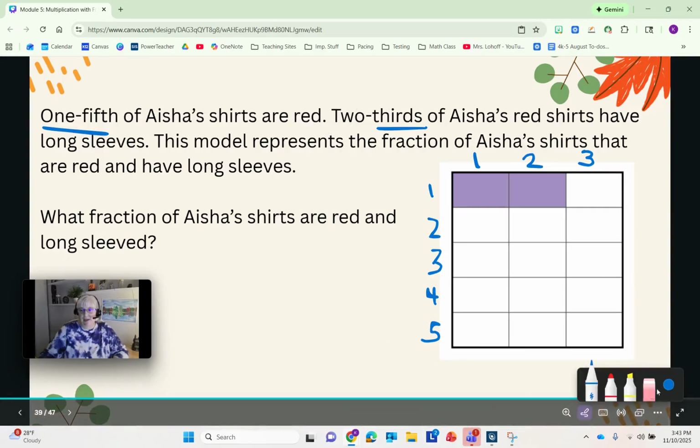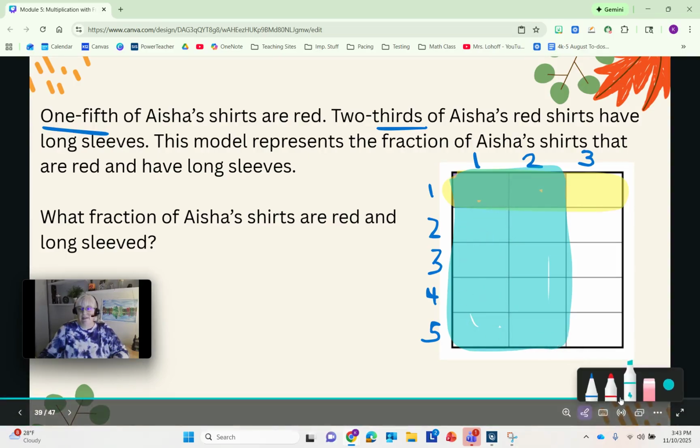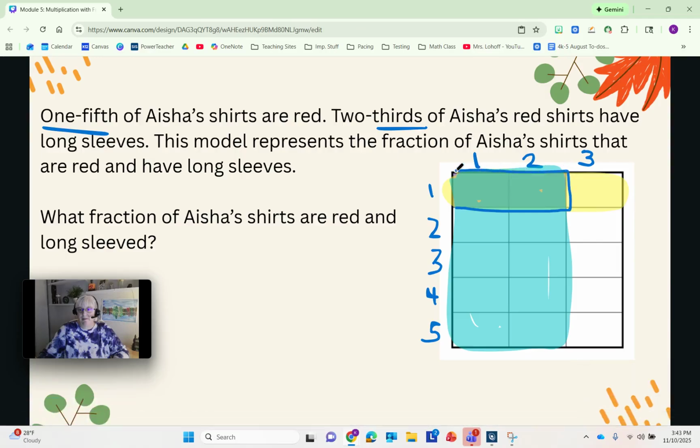If I did it with my highlighter and I marked 1/5, that would be this section. And then if I took a different colored highlighter to mark 2/3, that would be this section. So the part that they overlap was that highlighted part right here.